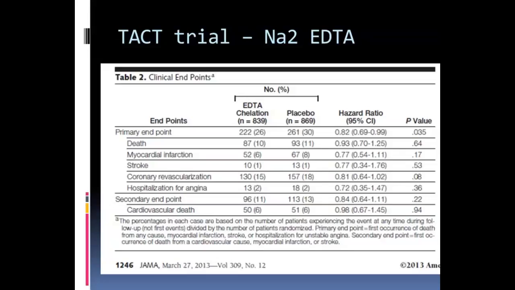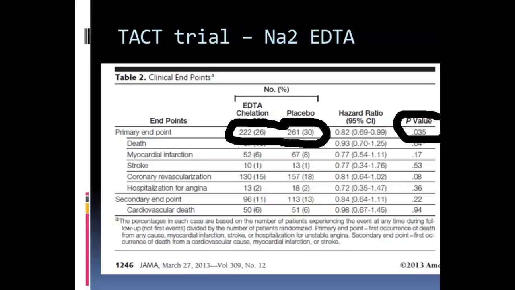But as is common with cardiovascular studies, if you combined all of these numbers together into the primary combined endpoint here, you get something that's a 4% difference, which is statistically significant. So this was a positive trial if you look at the primary combined endpoint for all cardiovascular issues.